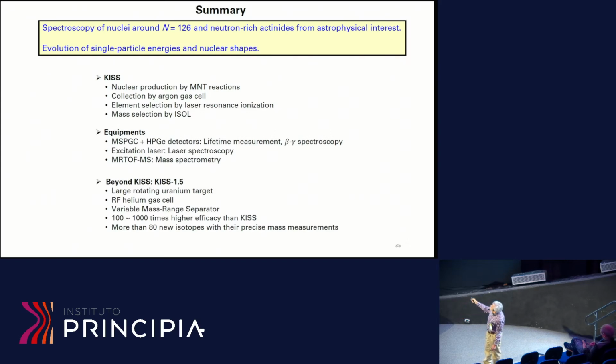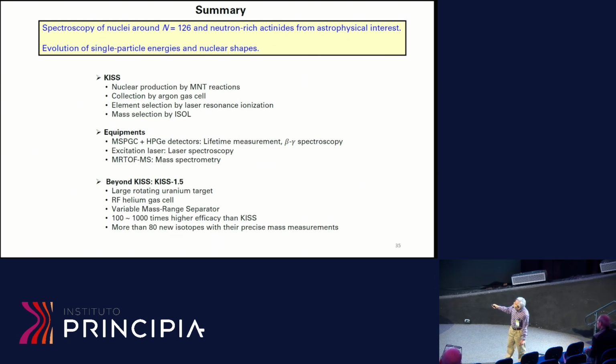Okay, I'd like to summarize my talk. We are performing spectroscopy of neutron-rich nuclei around N equals 126 and neutron-rich actinides from astrophysical interest. Especially, we are interested in the evolution of single-particle energies and nuclear shapes.